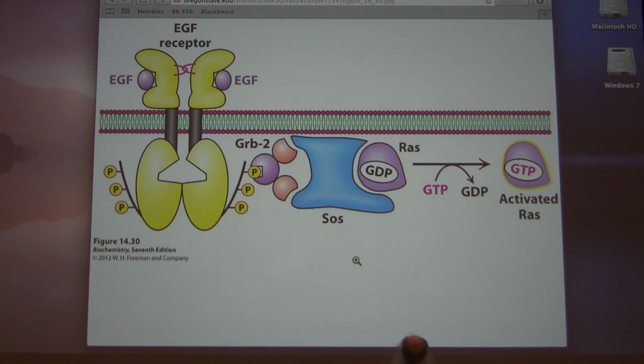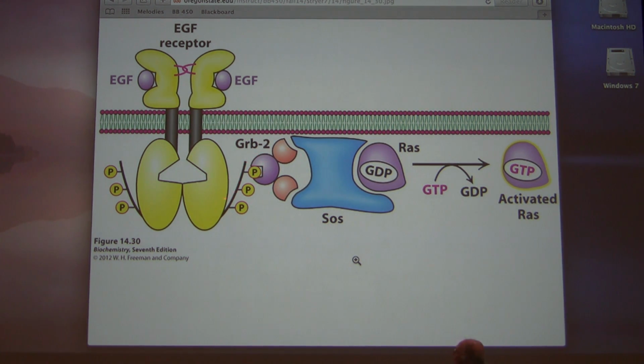The phosphorylated tyrosine of the receptor is a target for this protein called GRB2. GRB2 has an SH2 domain, recognizes phosphotyrosine, and binds to it. Another protein called SOS binds to GRB2 only after it has bound to phosphotyrosine.